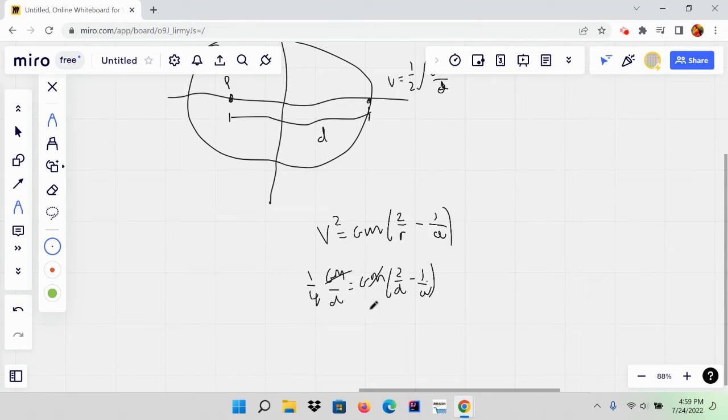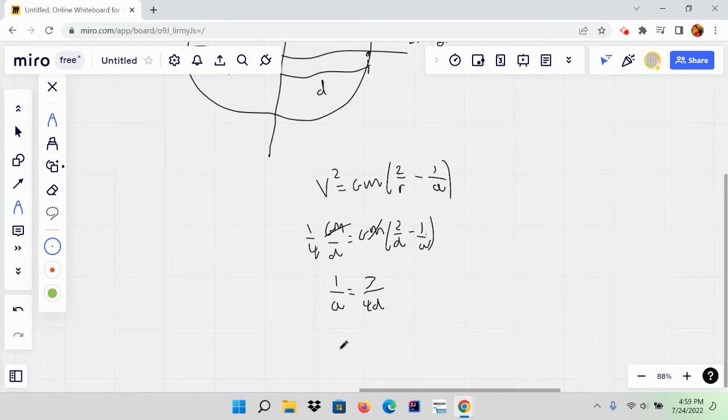And so the GM's cancel out, and you're left with 1 over a equal to 7 over 4d. So your semi-major axis is equal to 4d over 7.